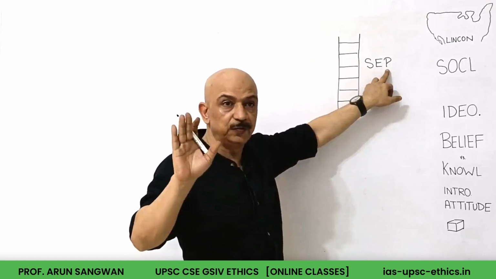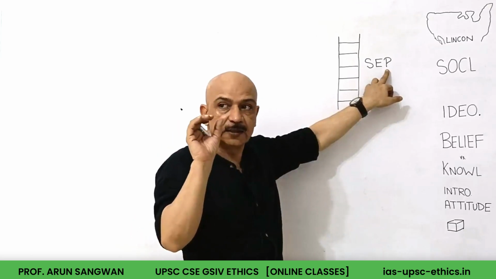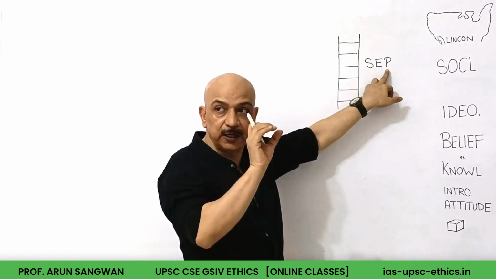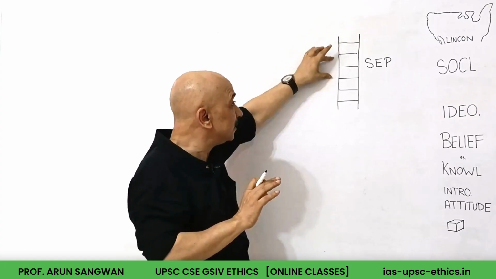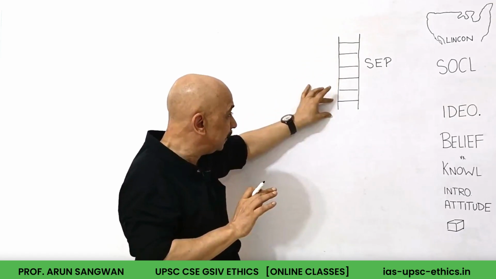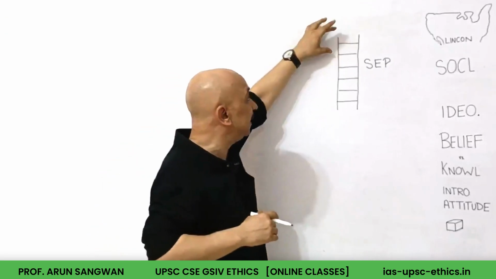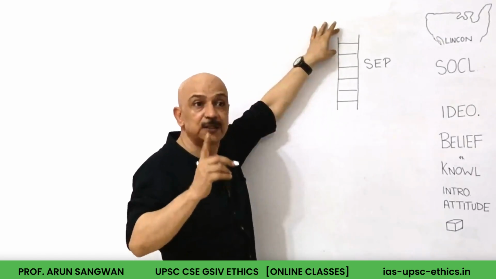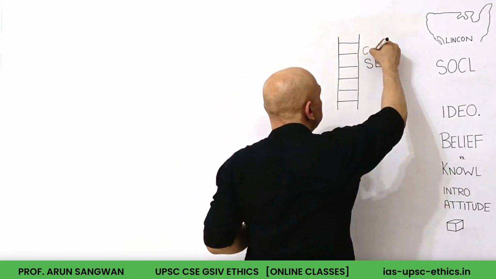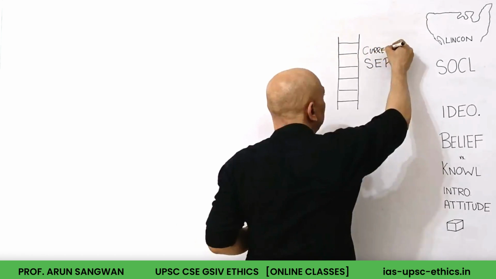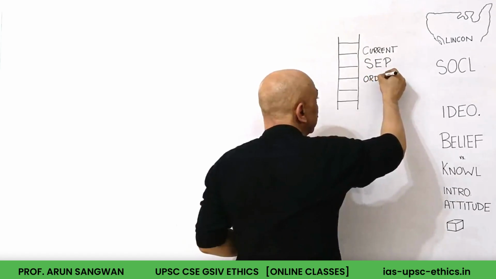Every society around the world, when you start analyzing it, you will find that there are certain social, economic, and political classes sitting right at the top of this ladder. That is how society gets stratified, classified in one sense, from the largest beneficiaries of the current social, economic, and political order that prevails in a society.